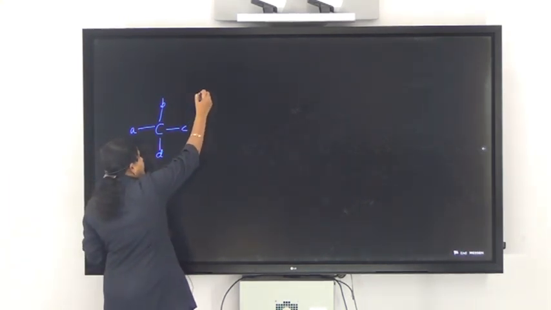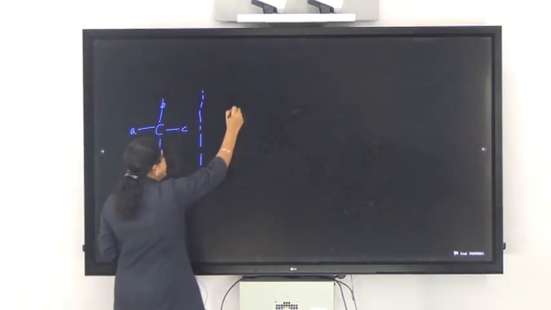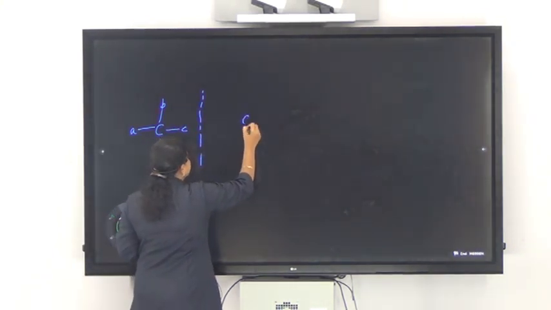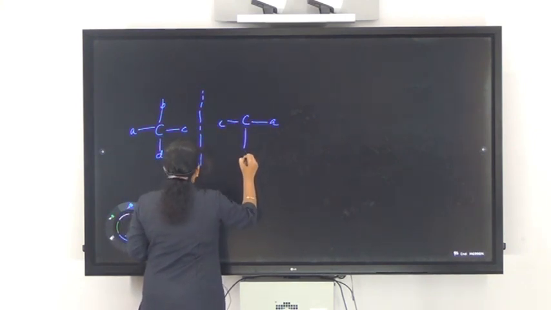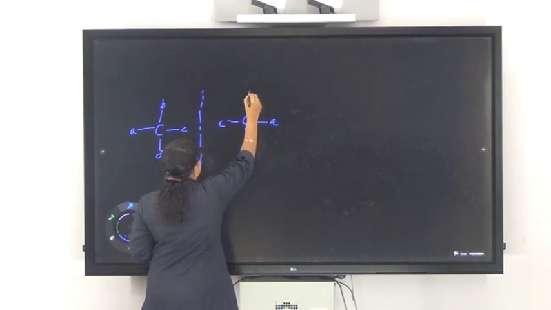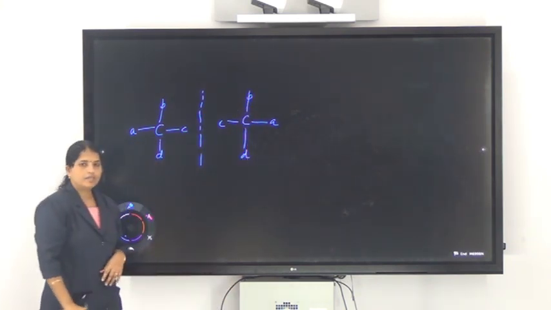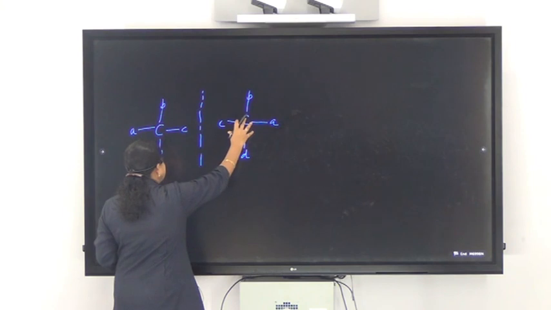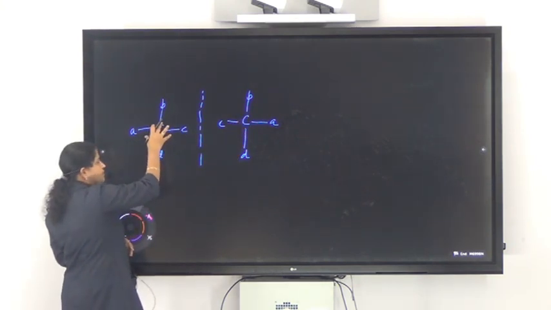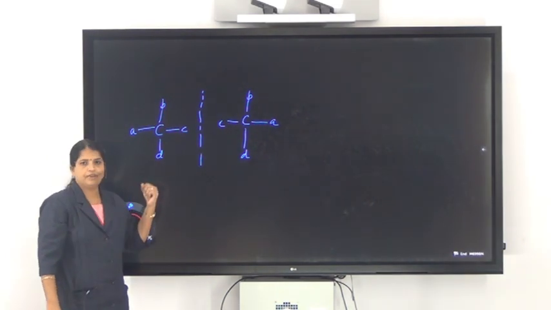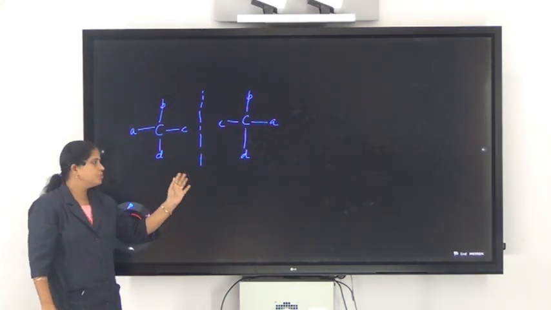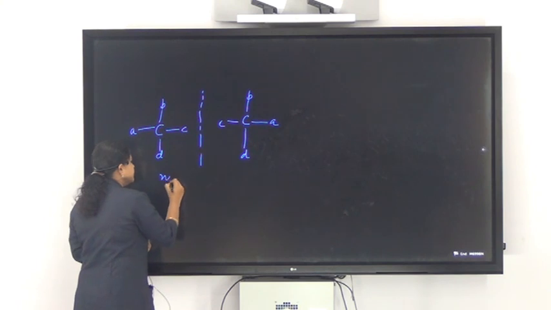Then take a mirror and take the mirror image of this molecule. Its mirror image is this one. Then take the mirror image and put it on the surface of the original molecule, then it looks different. So these are non-superimposable mirror images.